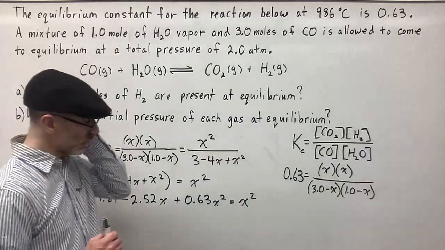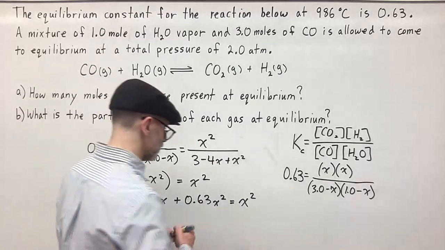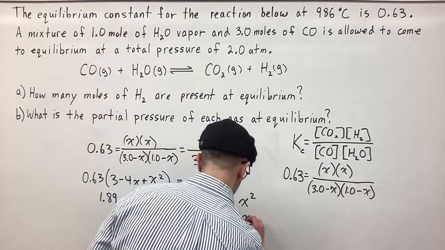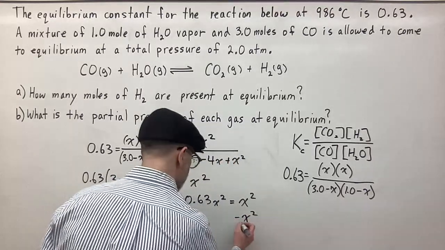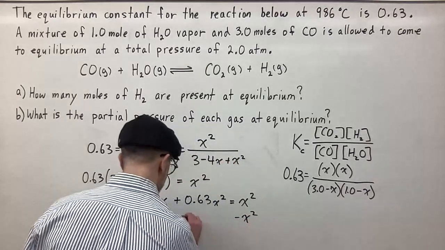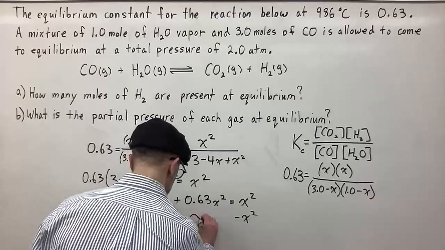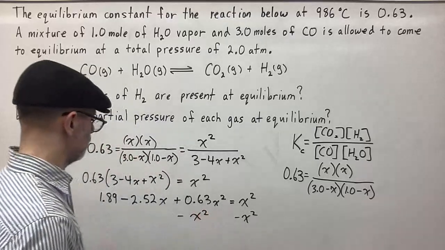And then the final thing we need to do is subtract x squared from both sides. So minus 1x squared, minus 1x squared.